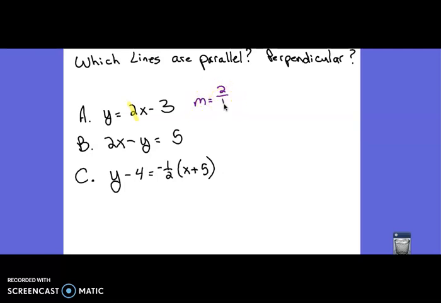Now this is in slope intercept. This right here is in standard form. And so to find the slope, what we're going to do is take this and solve for y equals mx plus b.